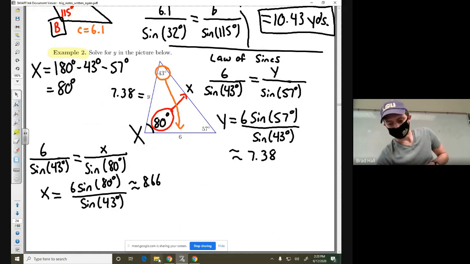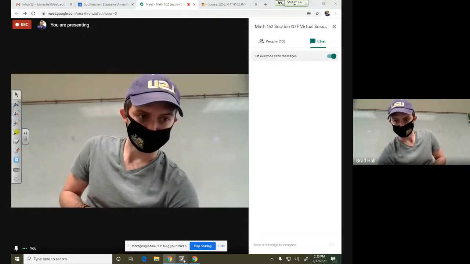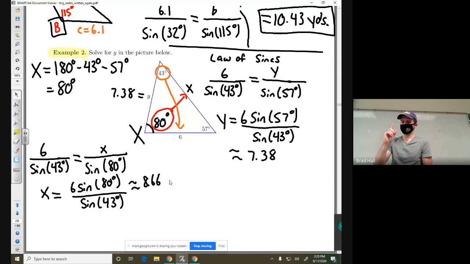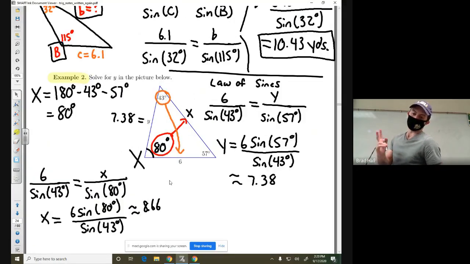All right, so bad jokes aside, this was a situation we had when we had 2 angles and one side, and we were looking for another side. What about if we utilize the law of sines to find an angle? So far we found sides, and every time we found an angle, we had 2 other angles.